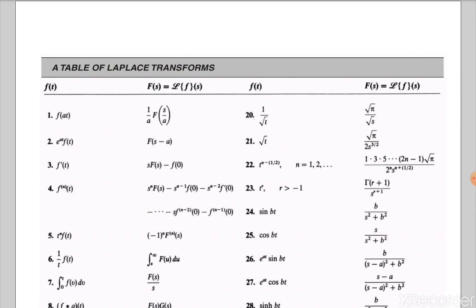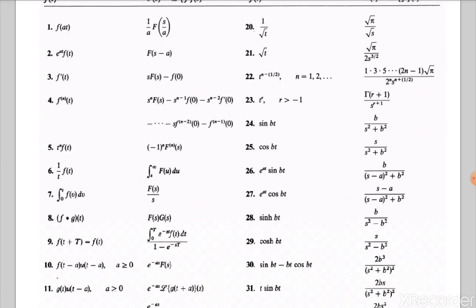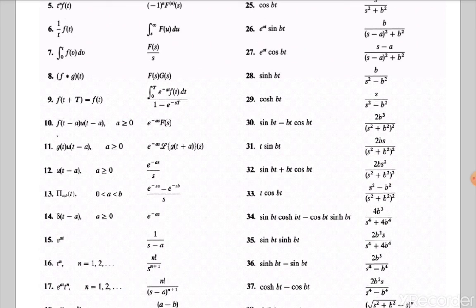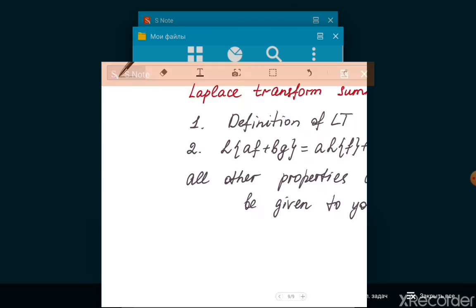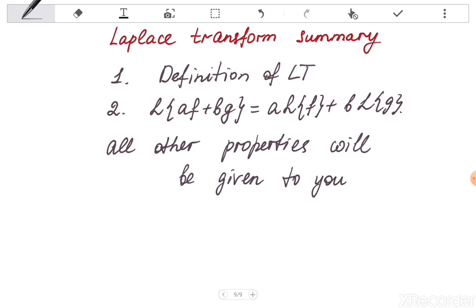No, this is not true. You have to learn a lot. So I think this is it, what I wanted to say about Laplace transform. And the rest of the material will be devoted to solving systems, linear systems of differential equations.